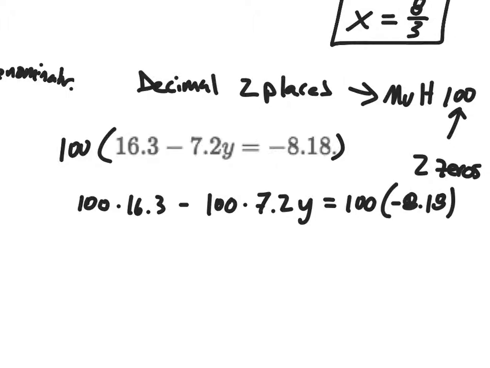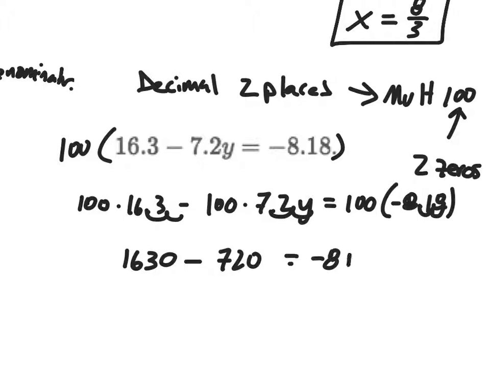When I do that, this is going to move the decimal place 2 units to the right. So if I move that to the right 2 places, this is going to give me 1,630 minus 720, so minus 720, and then this is going to equal negative 818, so negative 818.